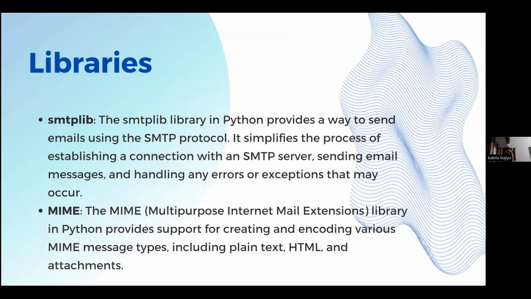These are the libraries that I use. First one is smtplib and second is MIME. The smtplib library in Python provides a way to send email using the SMTP protocol. It simplifies the process of establishing a connection with SMTP servers, sending email messages, and handling any errors or exceptions that may occur.